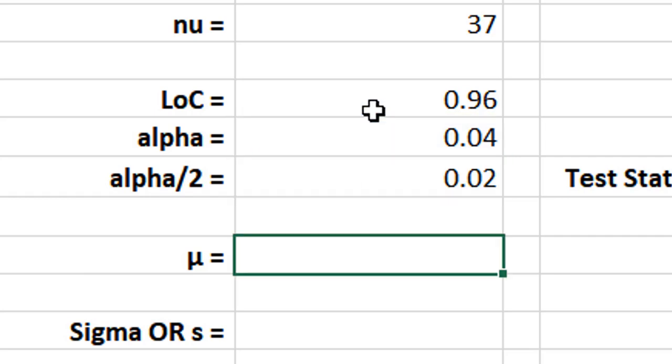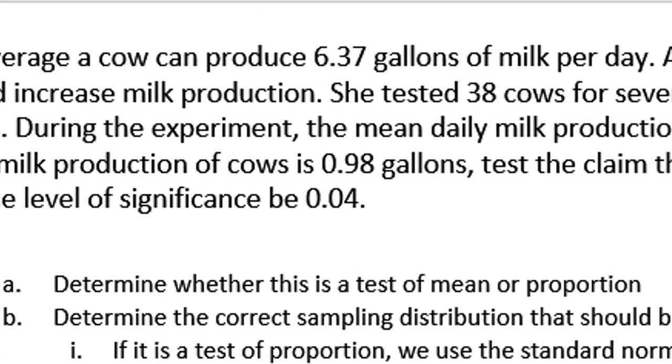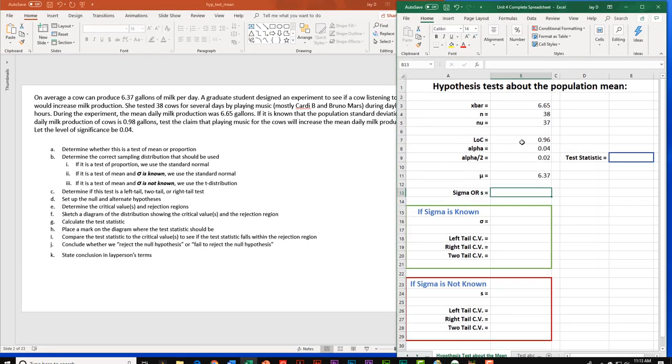Mu is the value that we have prior to this little experiment or survey, and that was 6.37. That's the value that we accept as truth unless this experiment shows us otherwise. Sigma or S, there's a reason why I put down either or here.